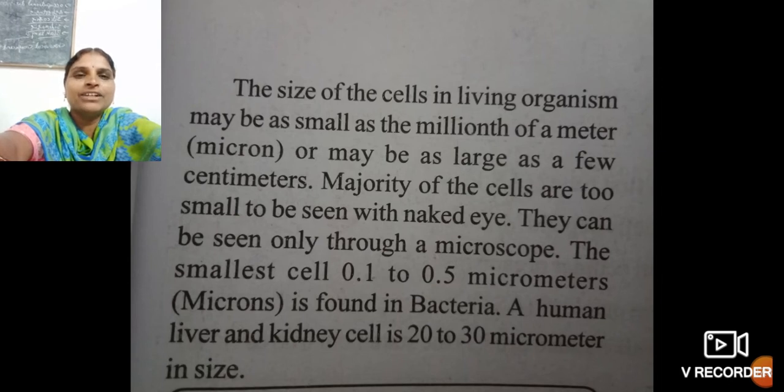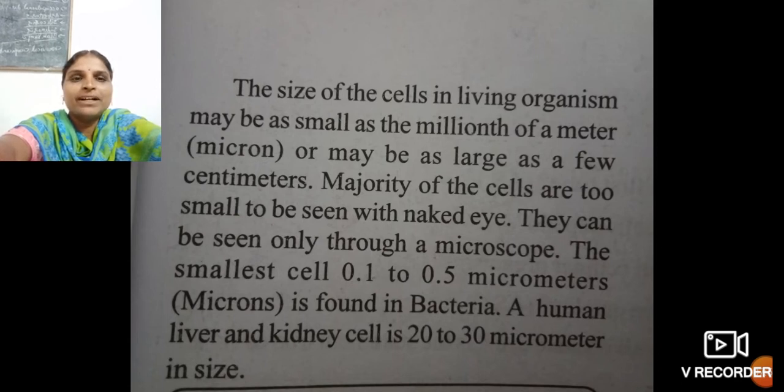A human liver and kidney cell is 20 to 30 micrometers in size.